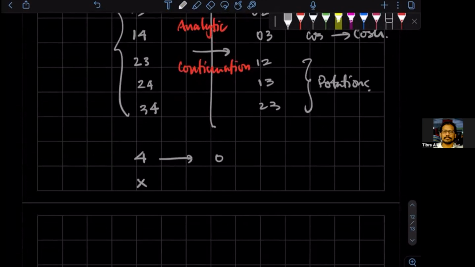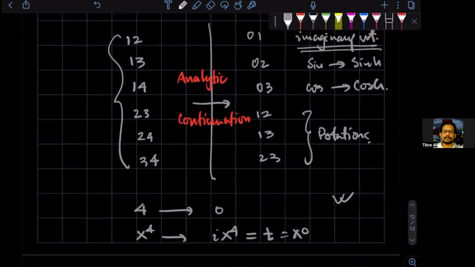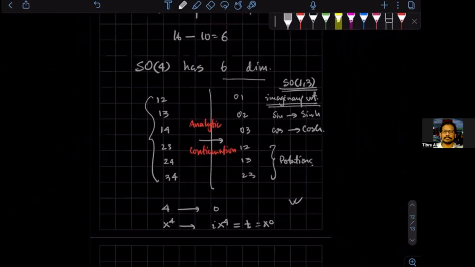So what used to be x4 becomes i times x4, and we call it t, or x0. This is known as Wick rotation, and it is something that is very useful in quantum field theory. Does this clear up the counting a little bit? Are there any questions about this?